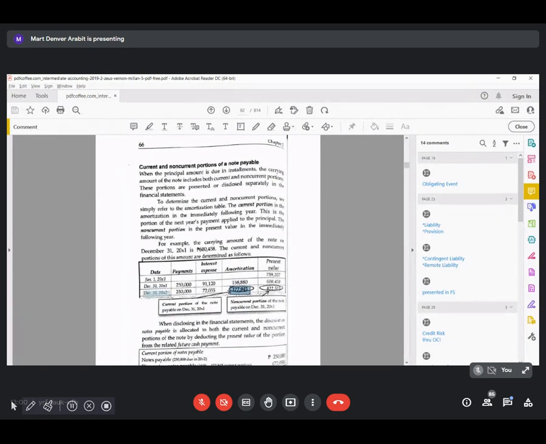So itong amount na to, yung present value niya as of December 31, ito na yung non-current payable niya for this year, 2021. So again, for 2021, ang current is ito kasi ito yung expected to be settled within 2022. Okay? But this amount is not expected to be settled by 2022. That's why ito yung non-current portion niya. So kung i-add mo yung dalawang yan, ang total niyan is ito, 600,000.